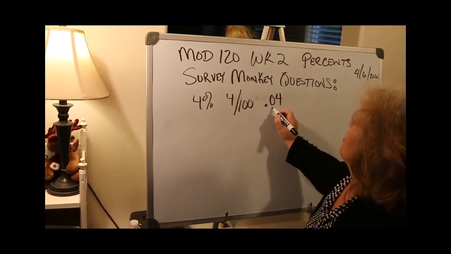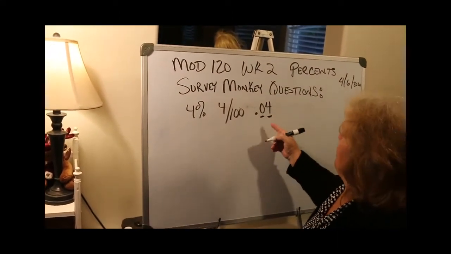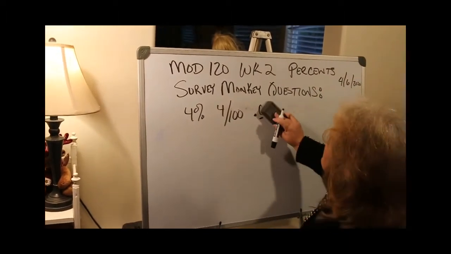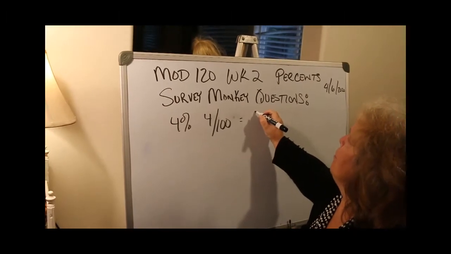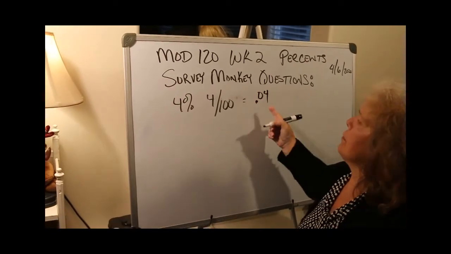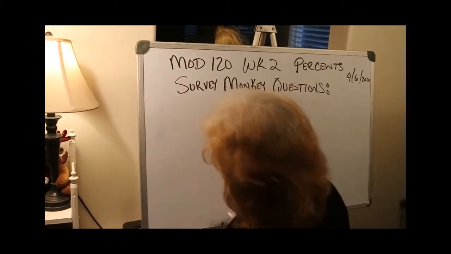This is the tenths spot. This is the hundredths spot. Remember last week the book talked about that? So converting it to a decimal would be 0.04.